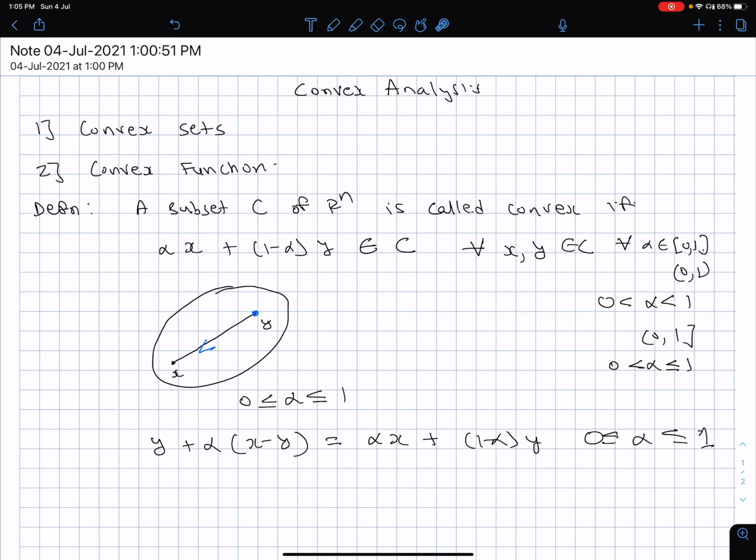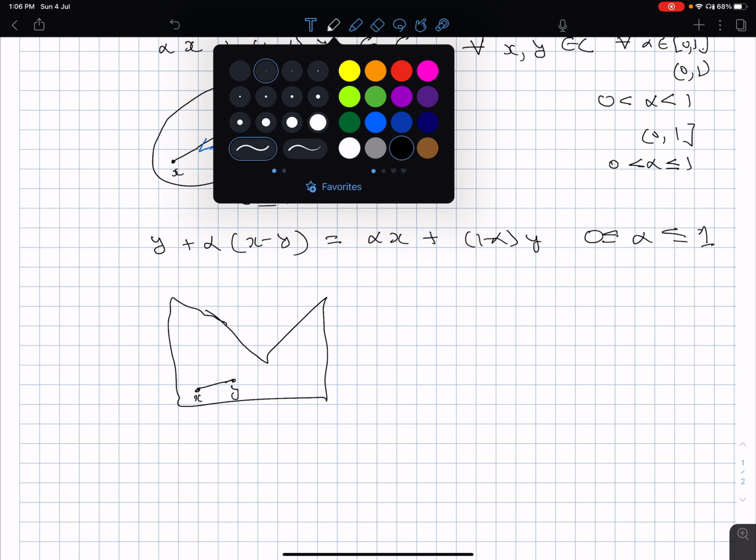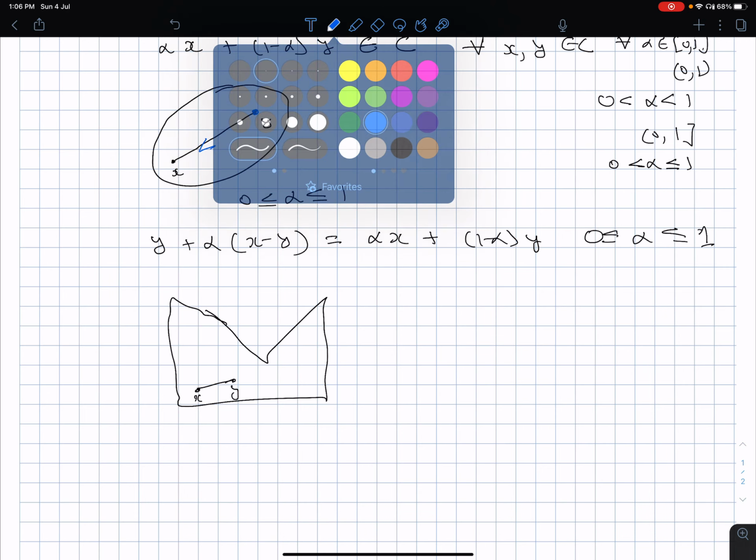So a subset C of Rn is called convex if for any 2 points x and y in the set C, the complete line segment joining x and y also should belong to C. So here is an example of a set which is not convex. If you take for example a line segment x and y here, it belongs to set C. No problem.